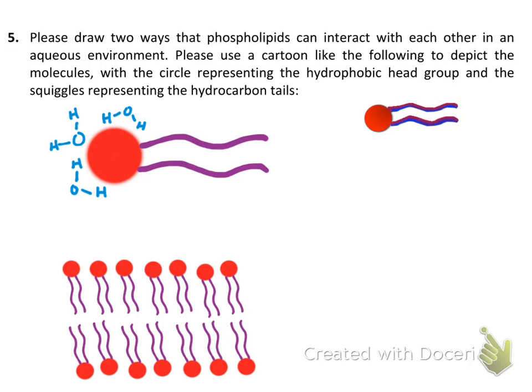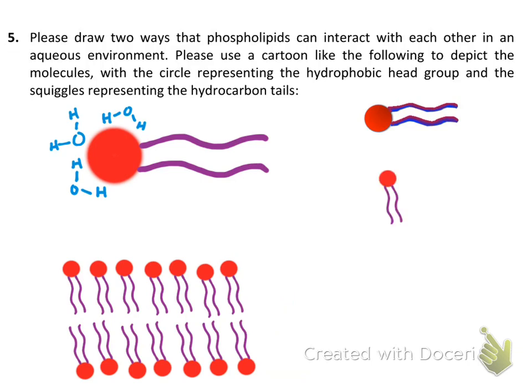Ta-da! They can form what's called a bilayer. In the bilayer, our hydrophobic ends, these tails, are able to interact with each other, and they minimize their contact with water. So they burrow to the inside of this particular motif, whereas on the outsides we have our hydrophilic polar head groups. Cool. That's one possible way.